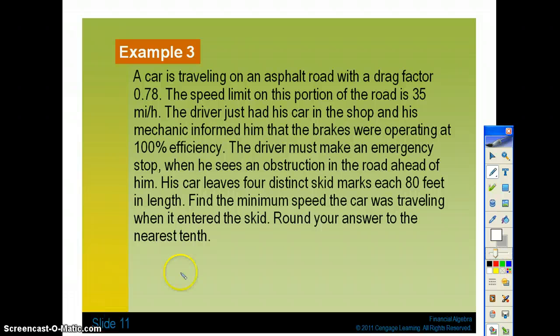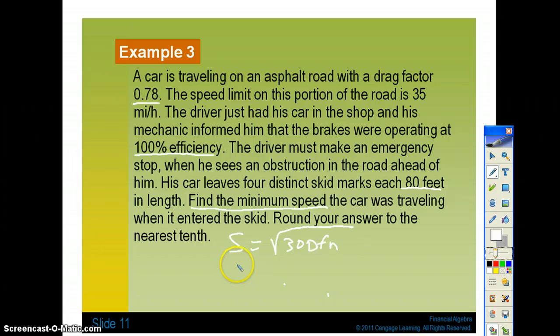All right, here's a more detailed question, and in this one now, we're going to find the minimum speed. So we're going to have to use our skid speed formula. So go ahead and take a moment to read that. All right, so as we go through all of this, we'll see that we get our drag factor of 0.78. Brakes were operating at 100% efficiency, and the skid marks were each 80 feet in length.